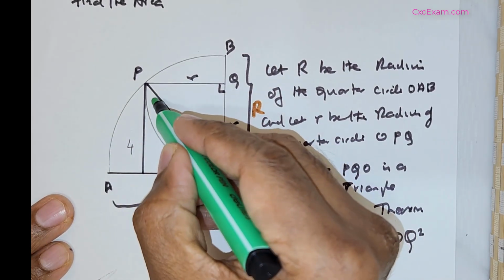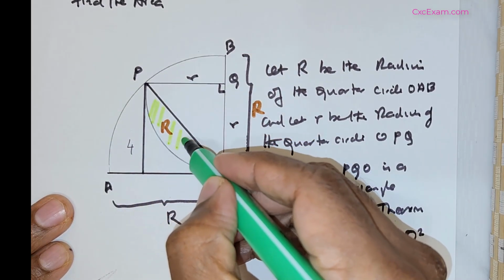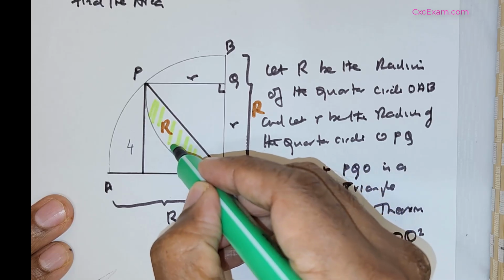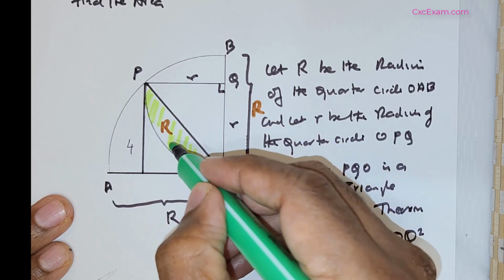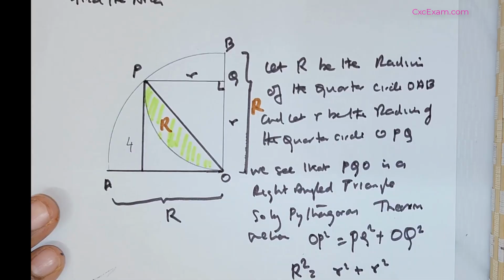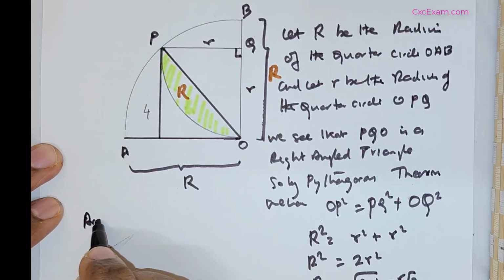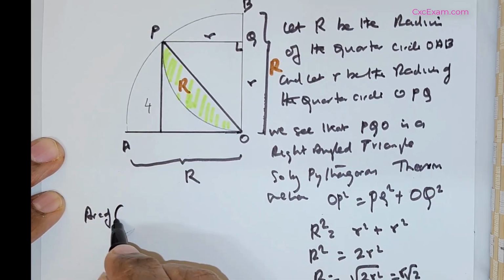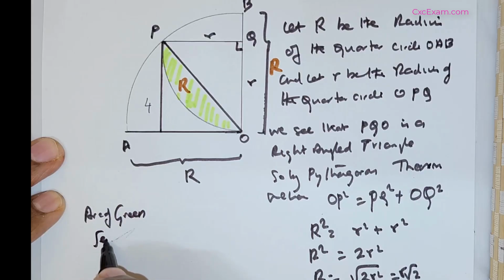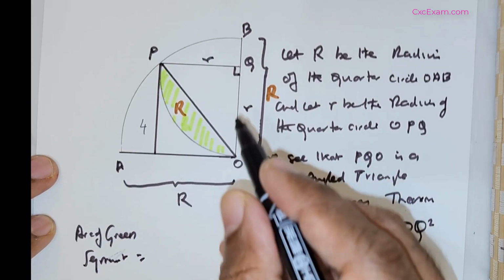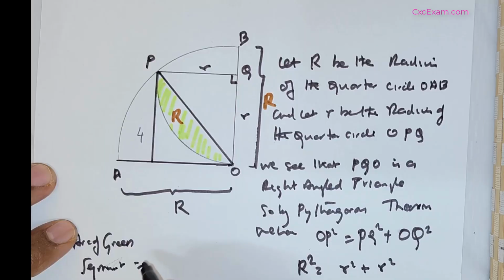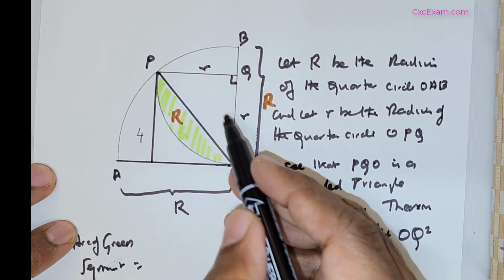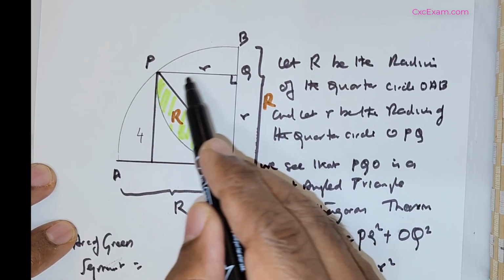So let me color this as a green segment. Okay, so area of the green segment is equal to, now this entire region is a sector, okay?